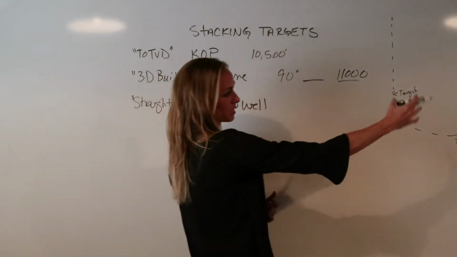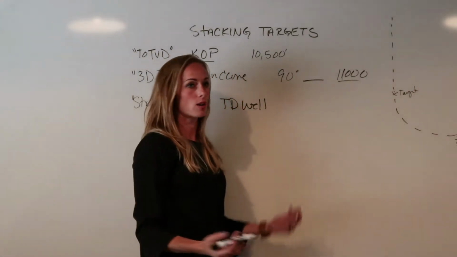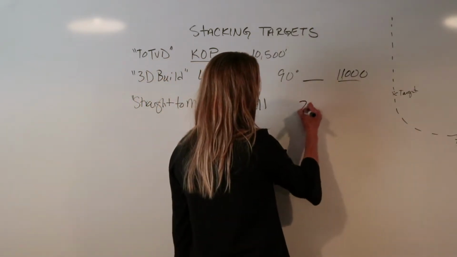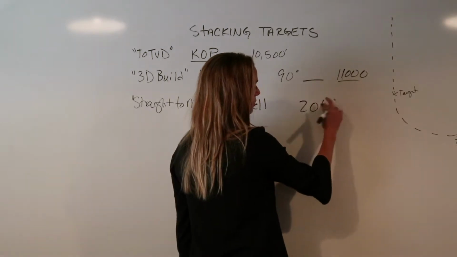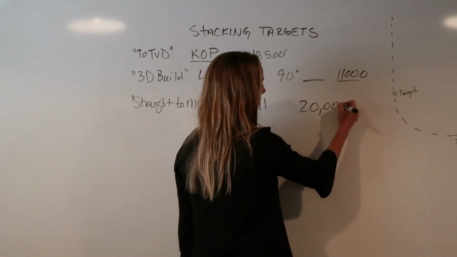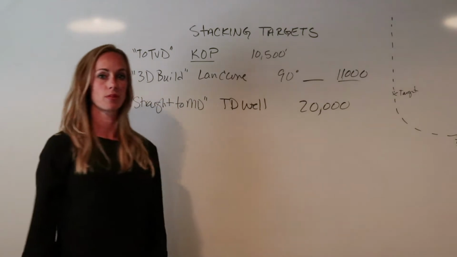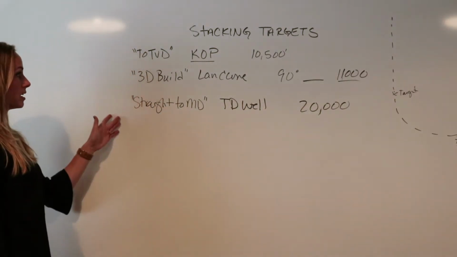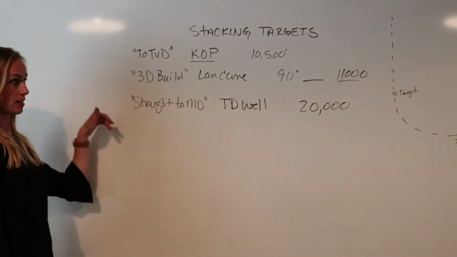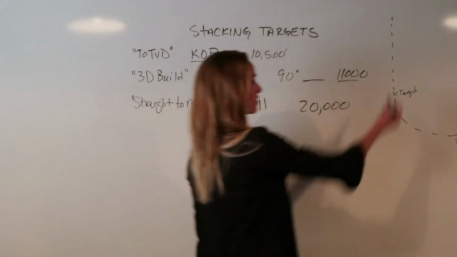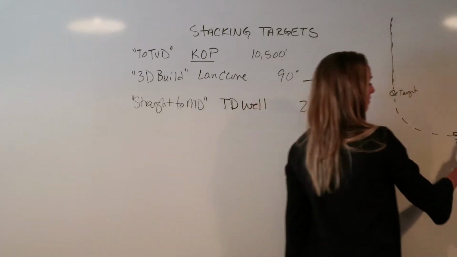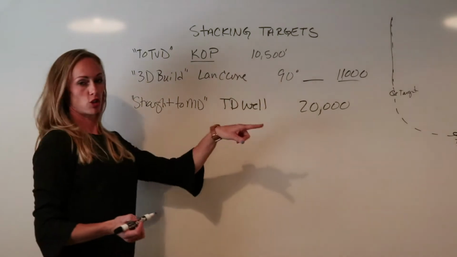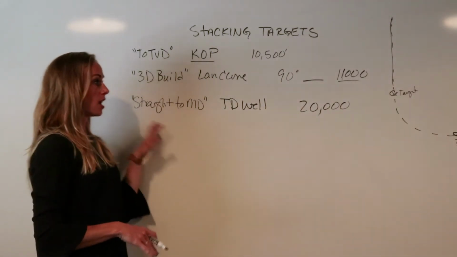And my measured depth would be, if I'm drilling a couple mile lateral, whatever that is, somewhere you'd probably end up around 20,000 feet depth to the well. So what I have now is I've got 3 targets and I've stacked them on top of each other. So I have my little stepping stones throughout my well.